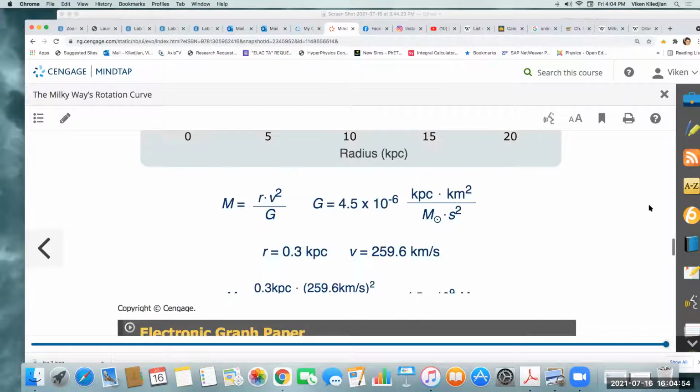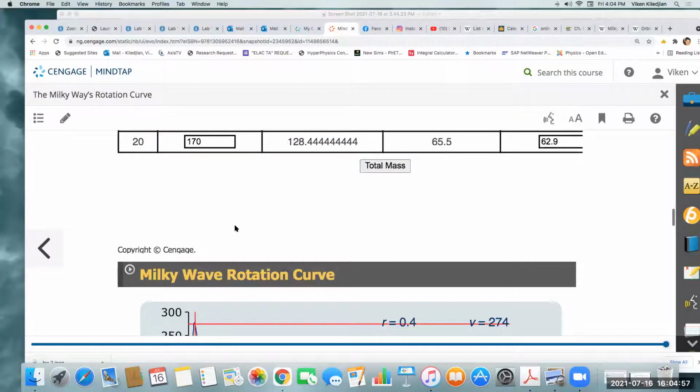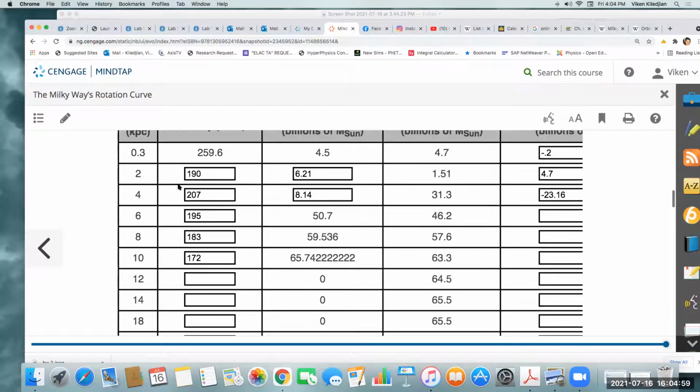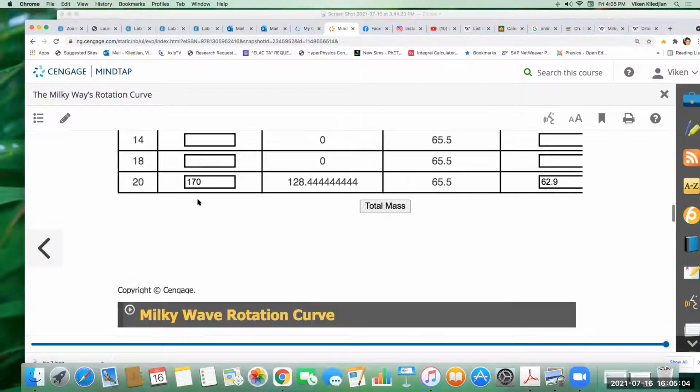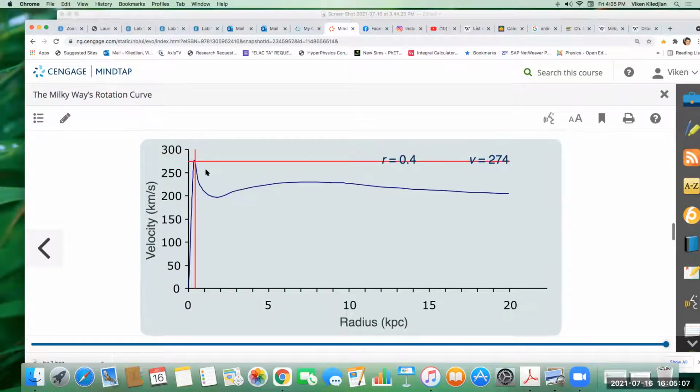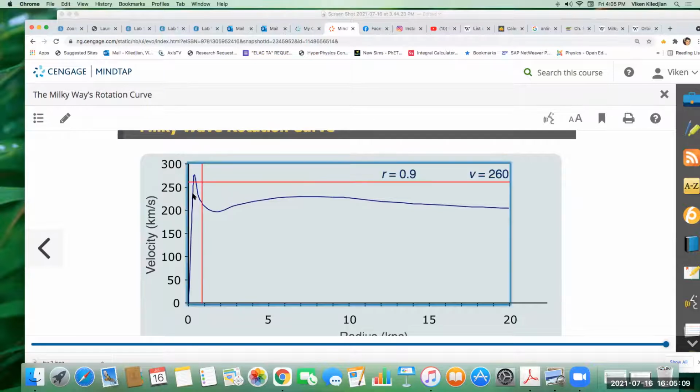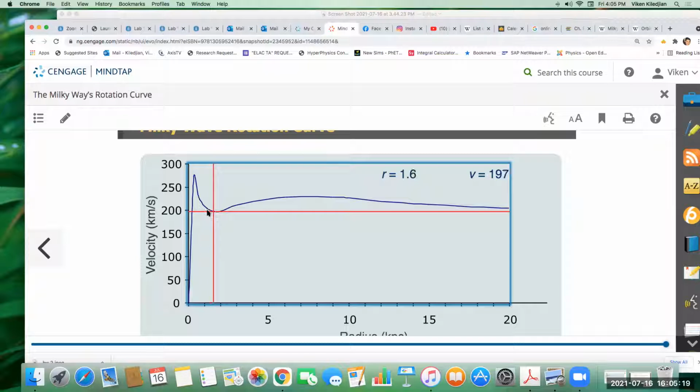For the other ones, let's see, we could use this. Let's say if one wanted to go to 2 parsecs and 4 parsecs and do that here. Let's see, could that work? 4 parsec, 2 works fine. 2, 198.